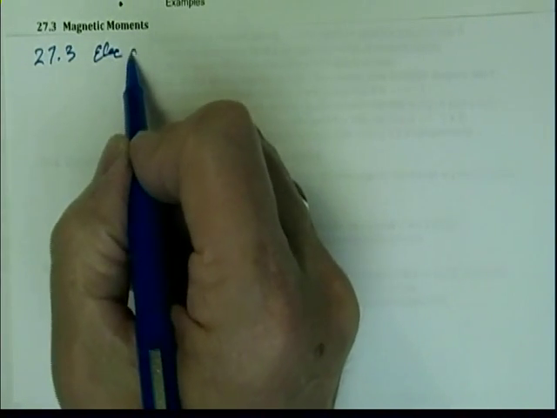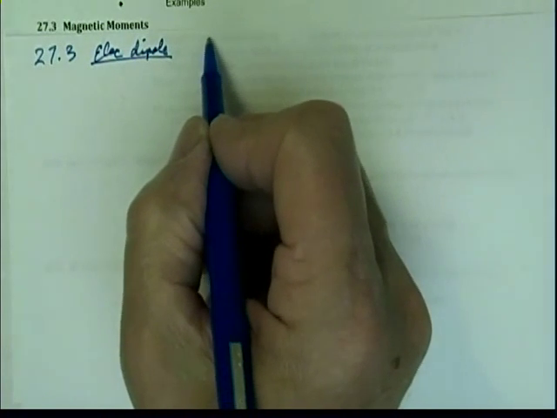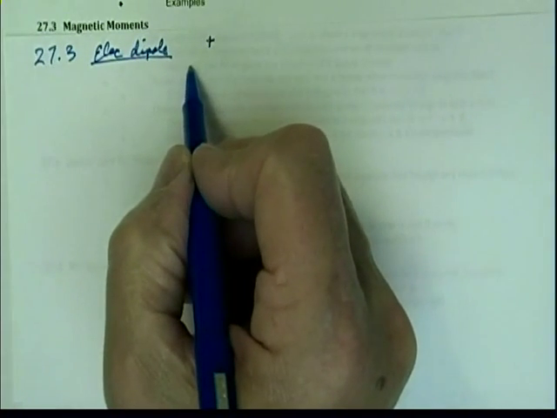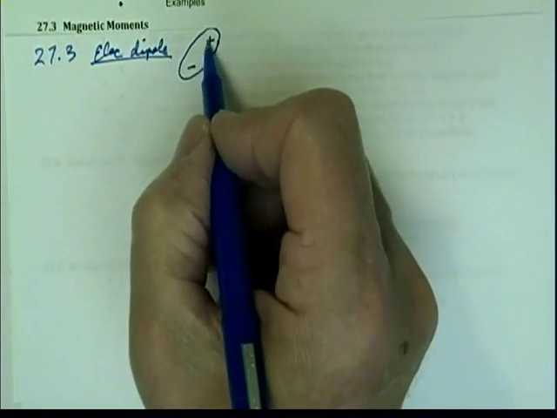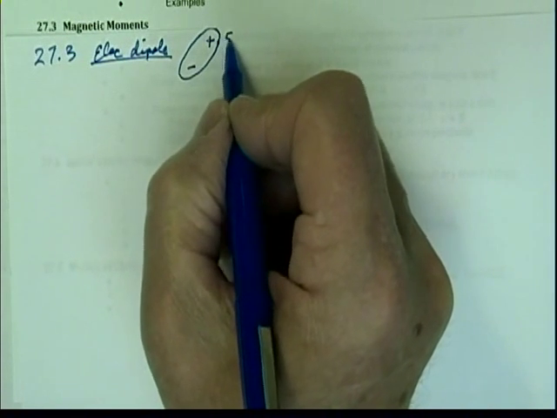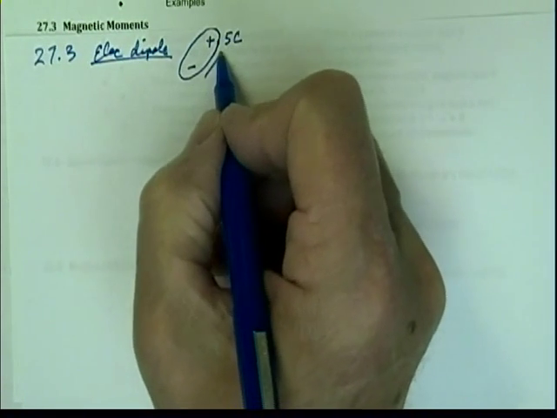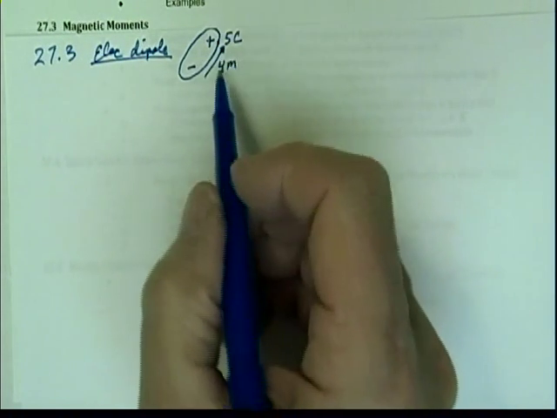I'm going to remind you what an electric dipole is, because it's always good to review. If we had a positive charge and a negative charge together, they're equal and opposite, and maybe this is plus 5 coulombs, and these are separated by a distance of 4 meters.